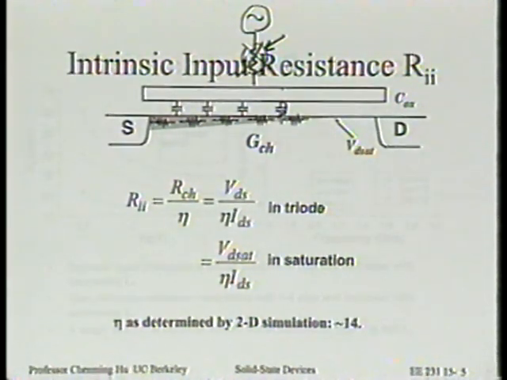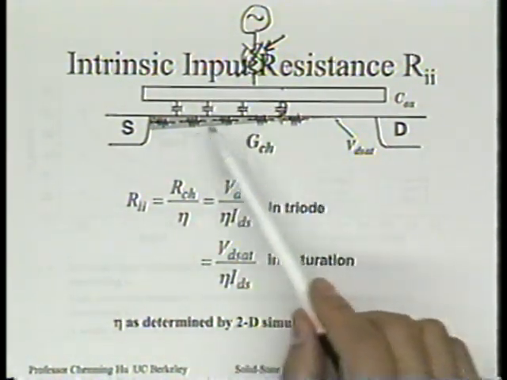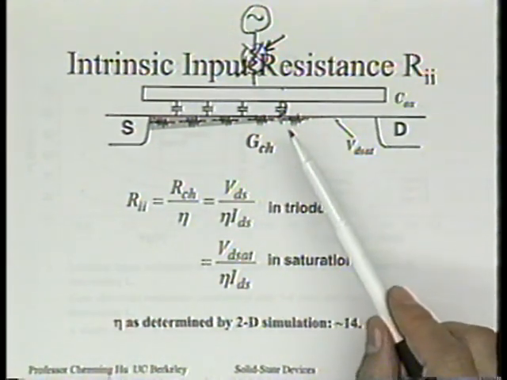Then the question is, how do you model it? Well, of course, to make a long story short, we're talking about really just a resistor. There's nothing to do with frequency, it's just a resistor, the way I described to you.